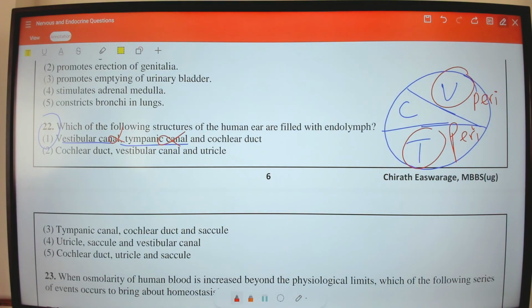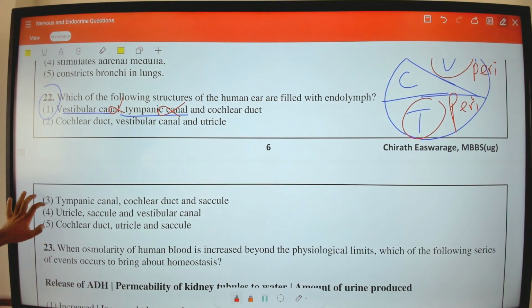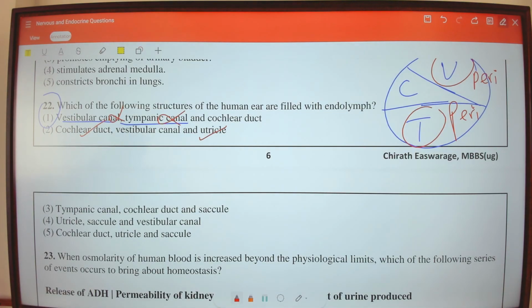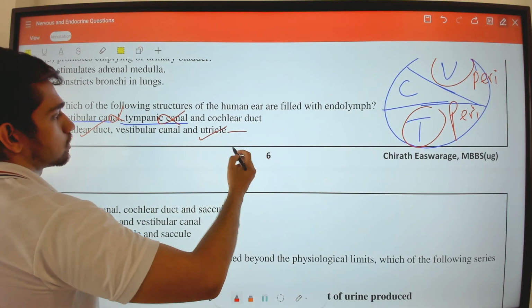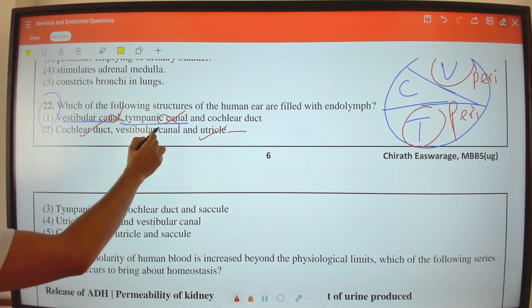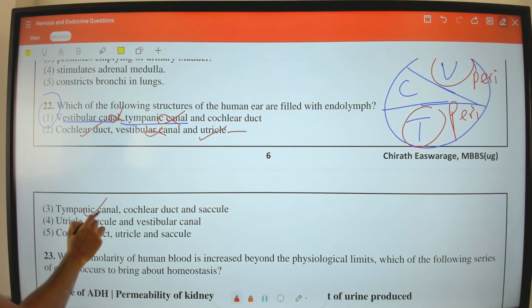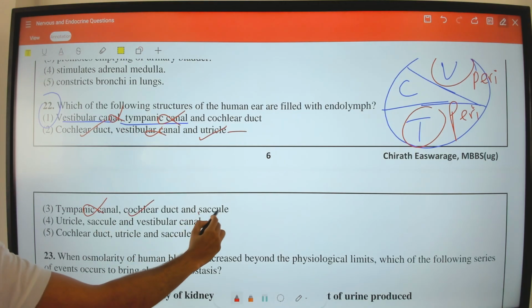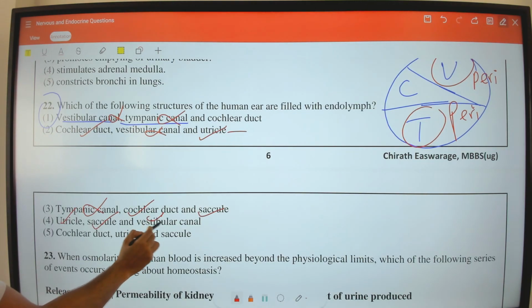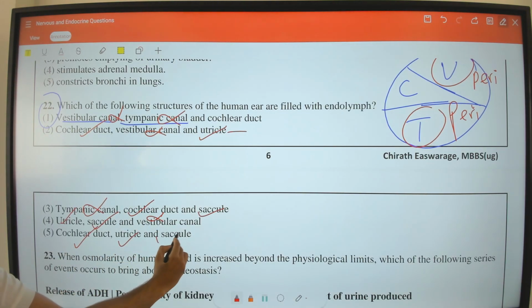Cochlear duct, yes. Utricle, yes. The utricle is filled with endolymph because it is part of the inner membrane system. I will show you this again. So vestibular canal false, tympanic canal false, cochlear duct yes, saccule yes, utricle yes. The answer is number 5.